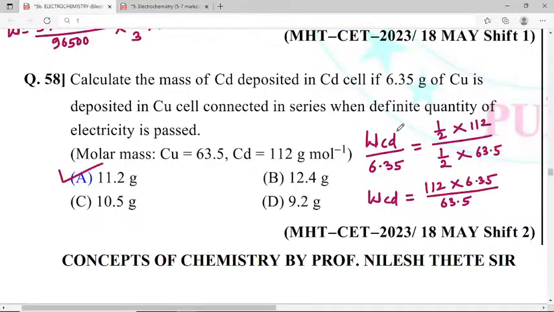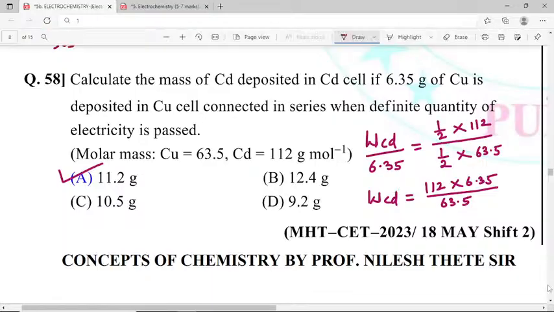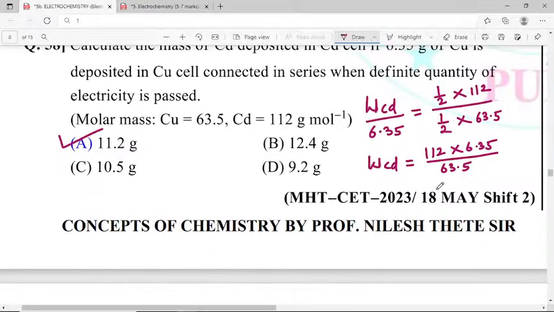Weight of cadmium divided by weight of copper is equal to mole ratio multiplied by molar mass. Just substitute the values. 6.35 divided by 63.5 is 1/10th, so 112 by 10 is 11.2. Okay, next question.